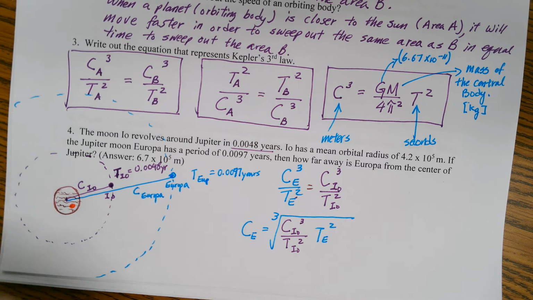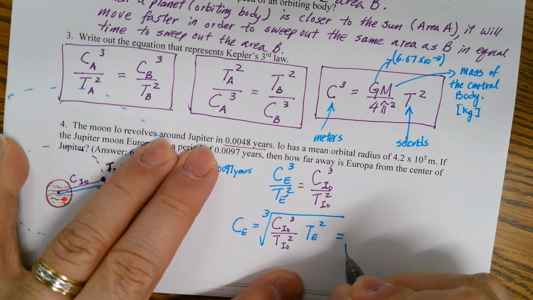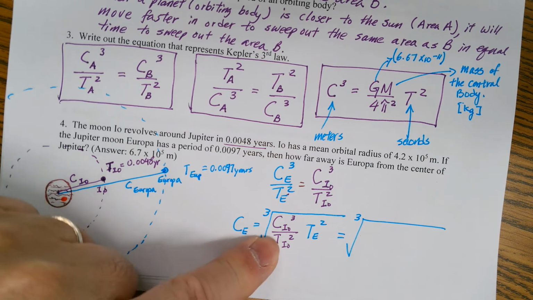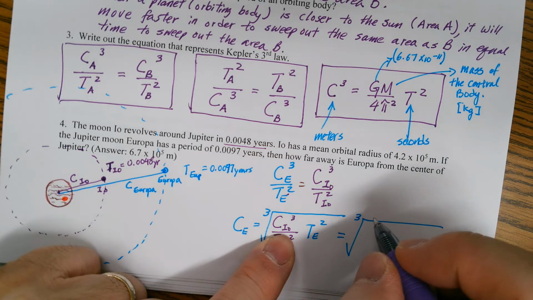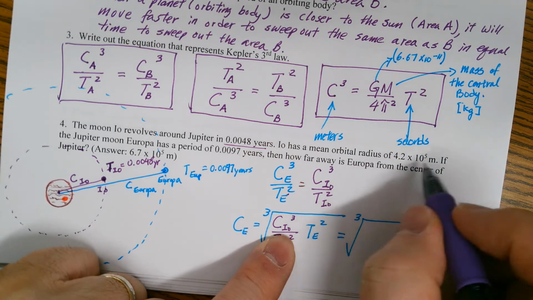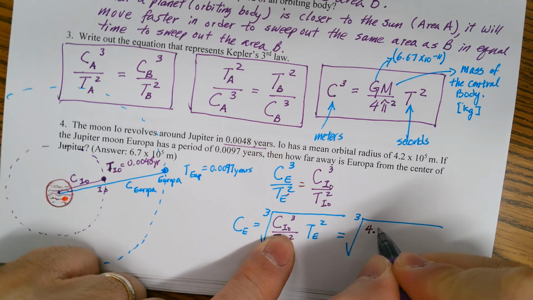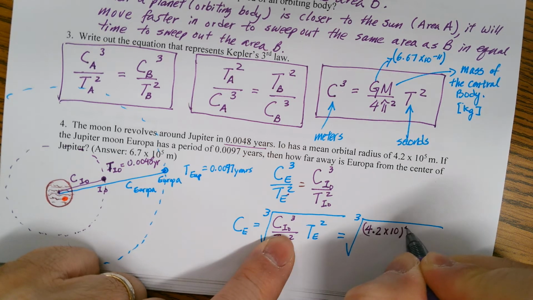If you plug everything in, C Io is 4.2 times 10 to the fifth.